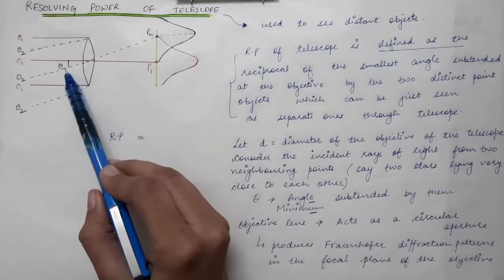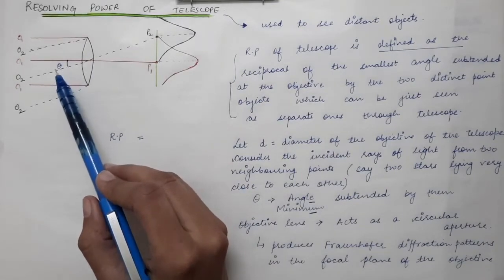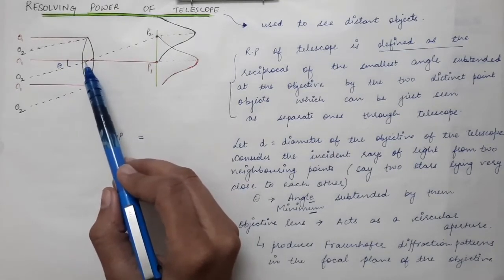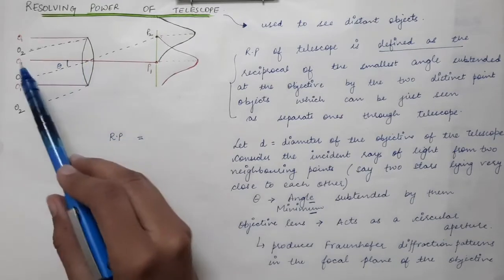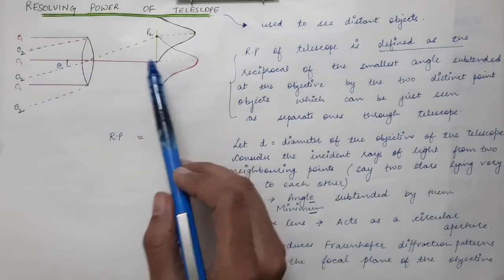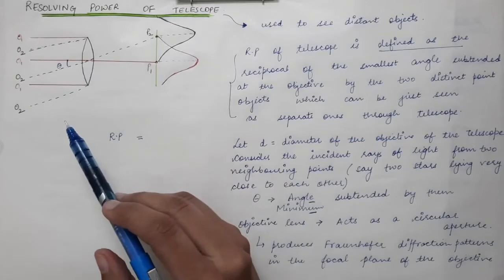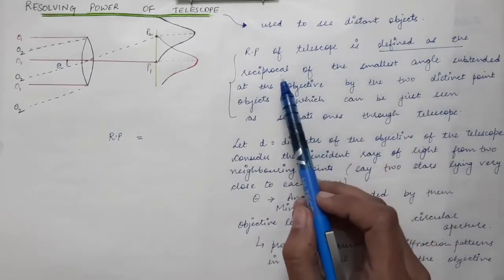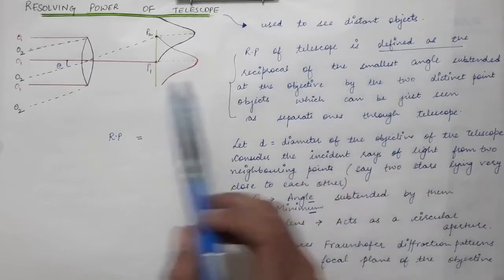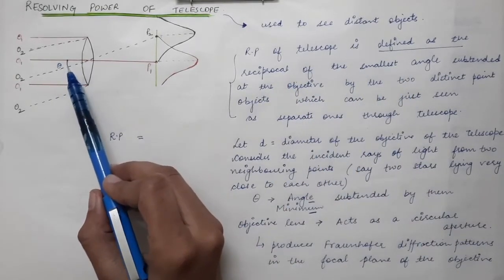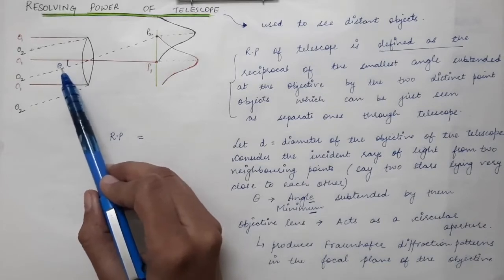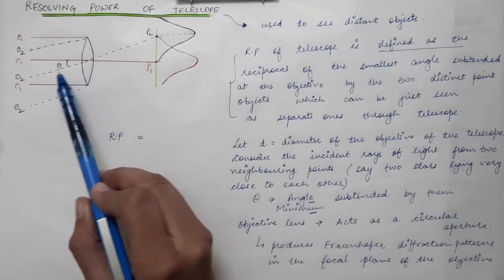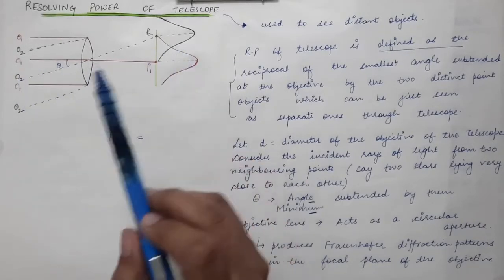So this theta is the minimum angle subtended at the objective lens of the telescope such that these two objects are just resolved by the telescope. The resolving power of a telescope is defined as the reciprocal of the smallest angle. Here I have denoted the minimum angle by theta.